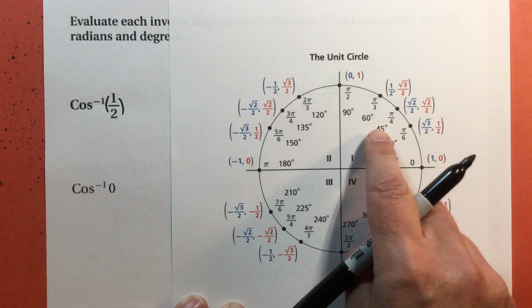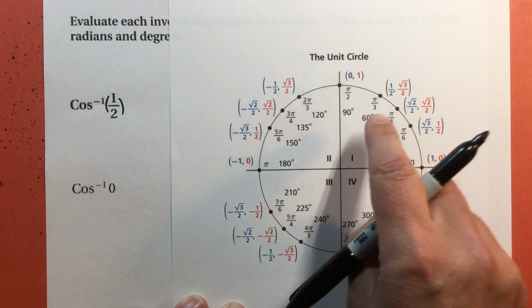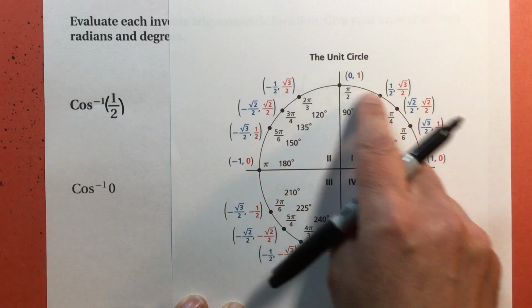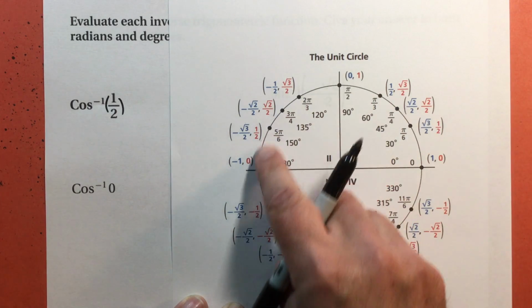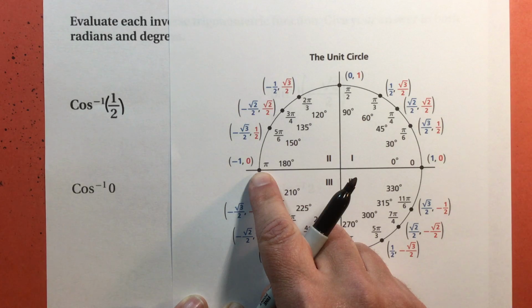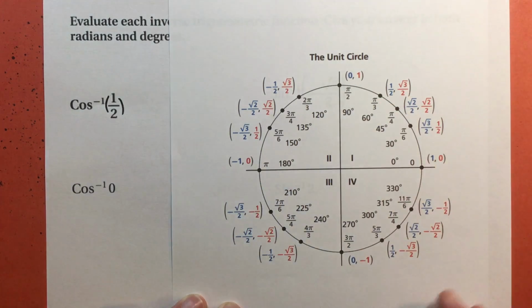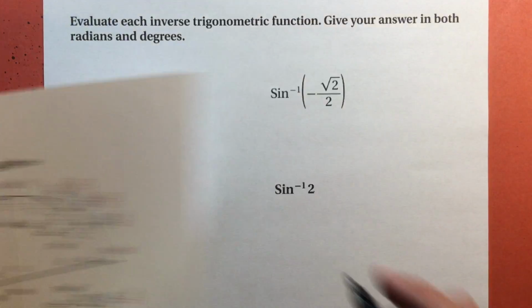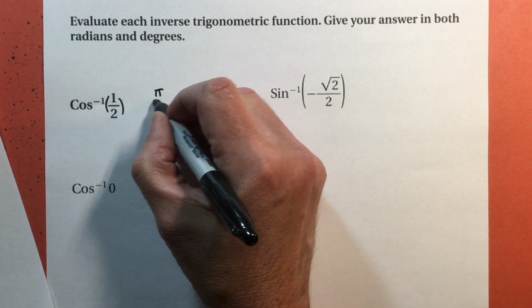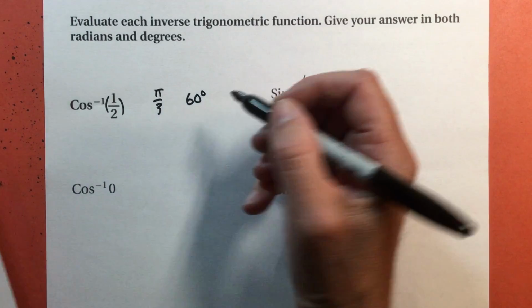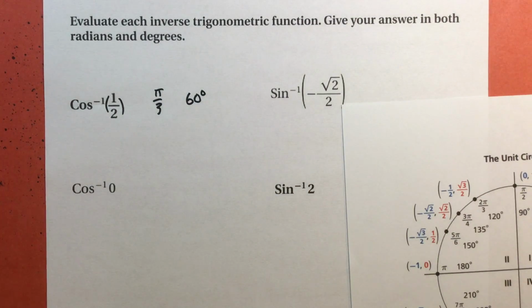So the angle that gives it to me is just 60 degrees. I'm restricted to just this domain from 0 to pi or 180. I'm not going to go all the way around 360 and come back up to it like I did in the first video. So in radians it's going to be pi over 3, and in degrees it's going to be 60 degrees. That's not two different answers.